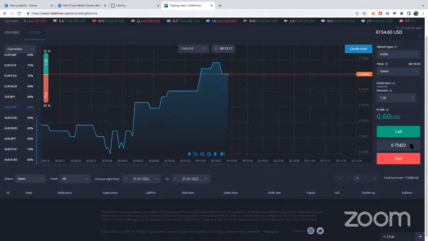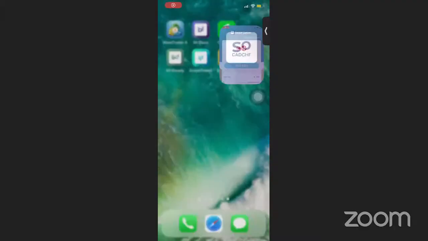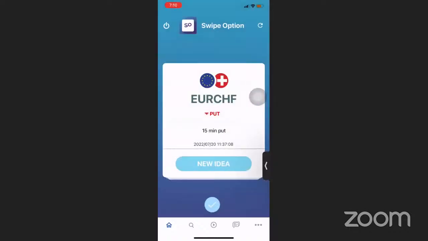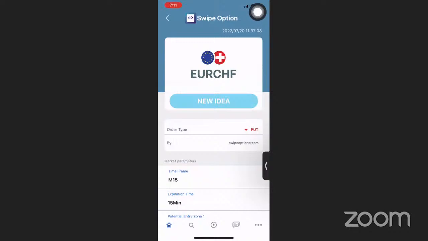I will show you another example, okay? I'm going to go back to my phone. Once I go back to my phone, I will pull up another Swipe Option. Okay. So it is very simple. Do not overcomplicate it. It's just copying the numbers that have been given to you by the analyst. So let's make an assumption that this trade came in just right now.